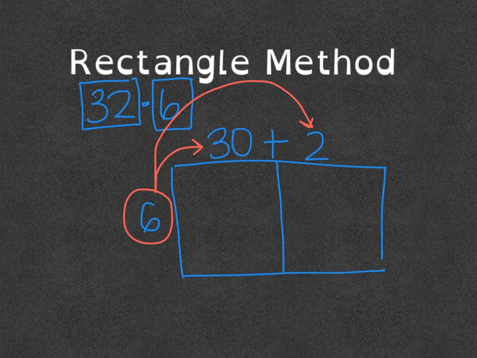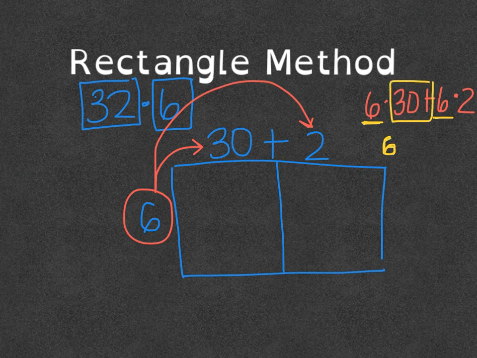If I were to do this written down, it would look like 6 times 30 plus 6 times 2. I can look for my repeated factor, which is 6, and pull that out. And I can put 30 plus 2 in my parentheses.